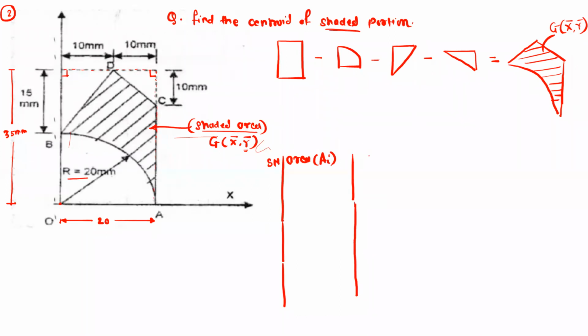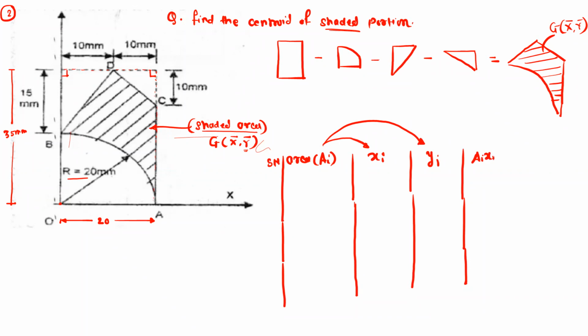The next column will be its X coordinate, that is xi. Then the Y coordinate, yi. Then we have to take the product Ai xi, and then the product Ai yi. So this is Ai xi, and this is Ai yi.